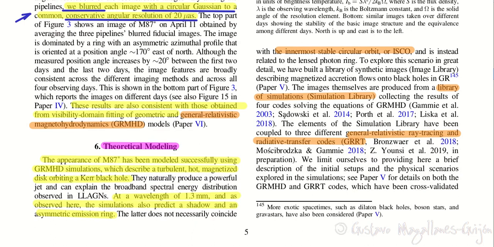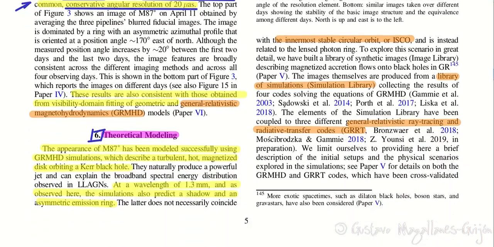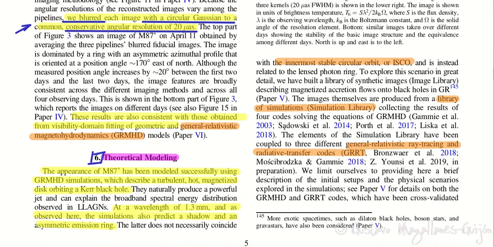The theoretical modeling is part 6. The authors explain to us about the simulations, and the numerical simulation was used for general relativistic ray tracing and radiative transfer code.